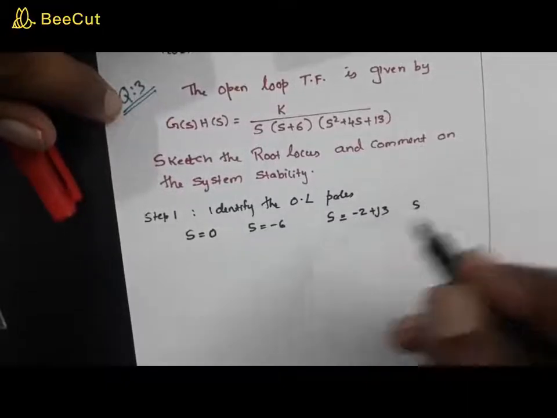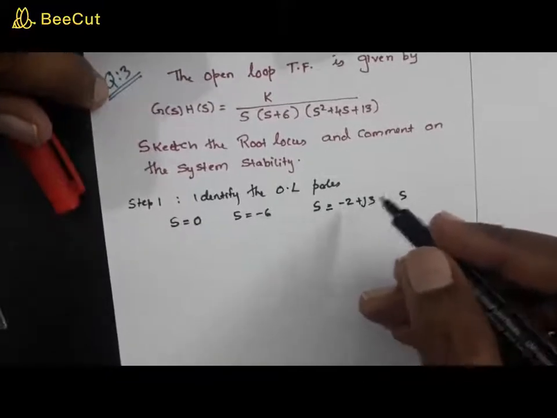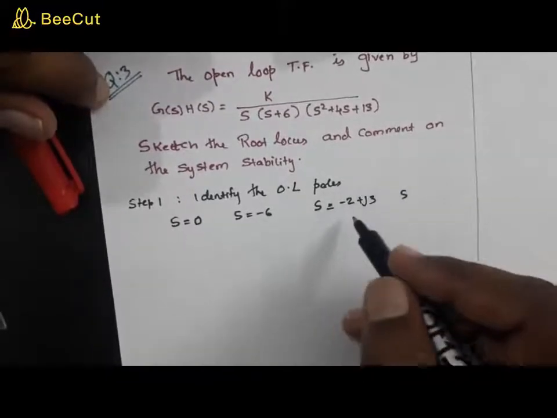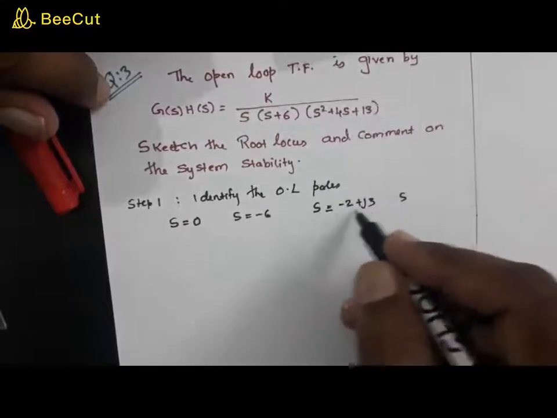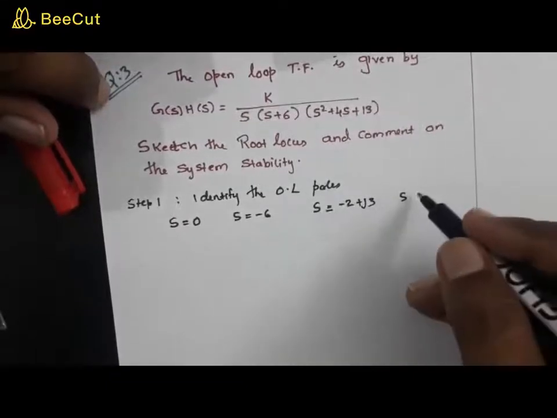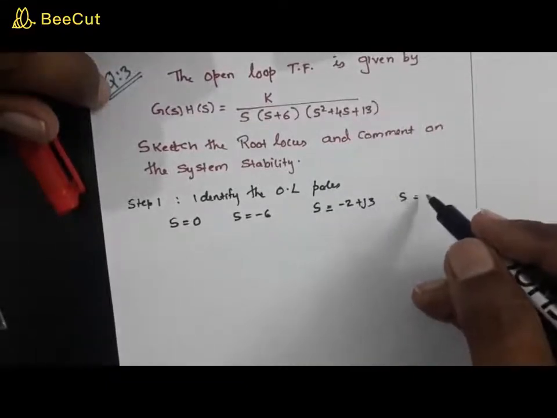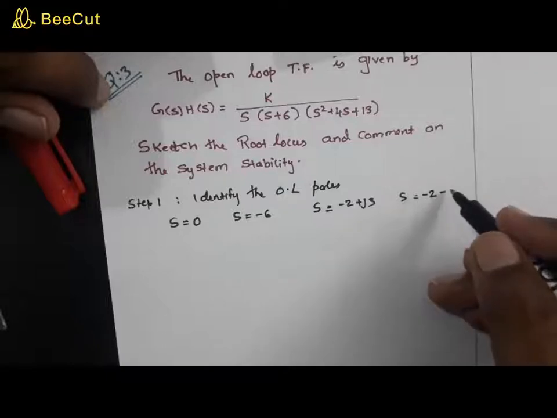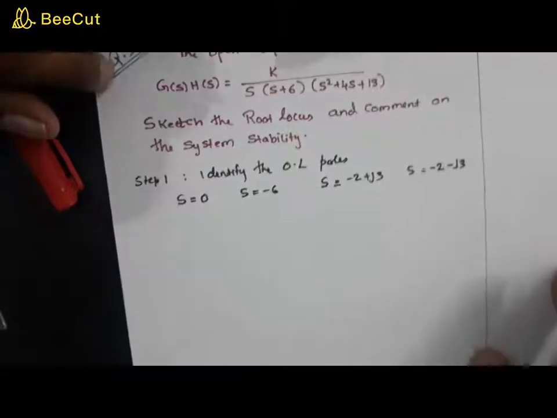As I told you earlier, complex poles always occur in pairs. That means you must have a minus 2 minus j3. So these are the poles.